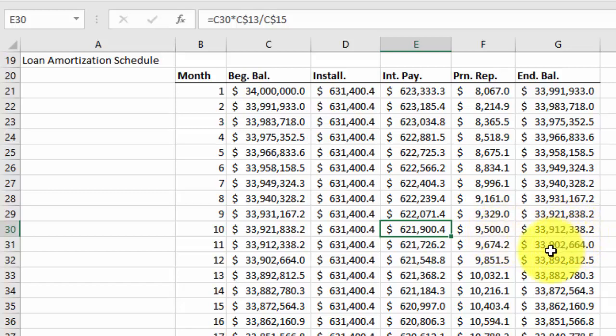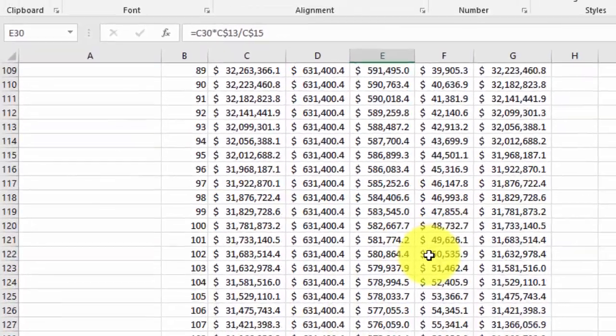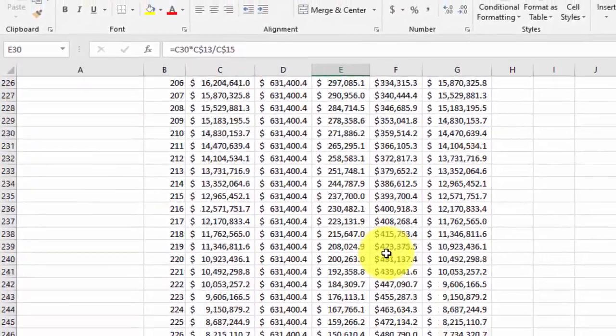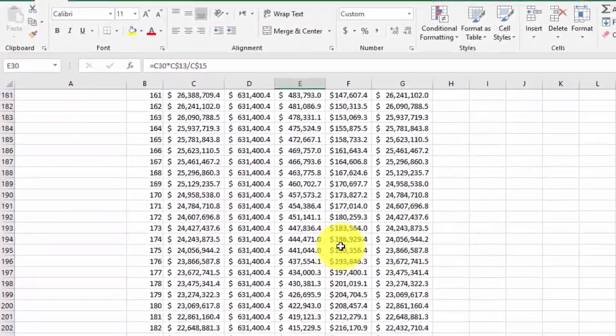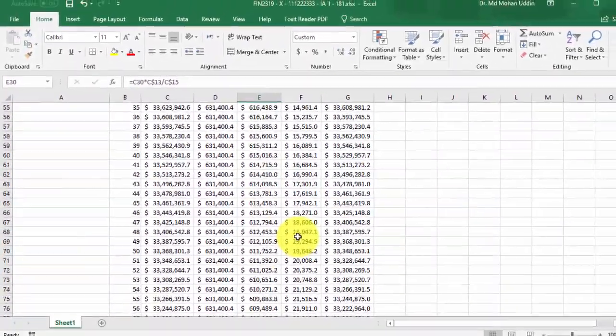At the end of the 10th month your loan balance is 33.9123382 million. So this is how you can know the status of the loan in any month if you pay the installment equally every month.